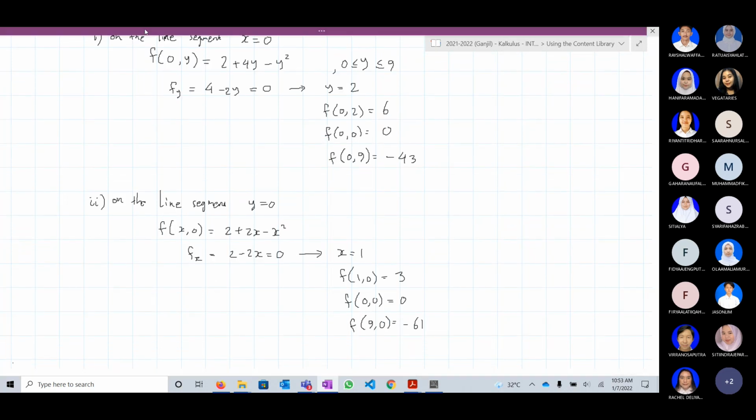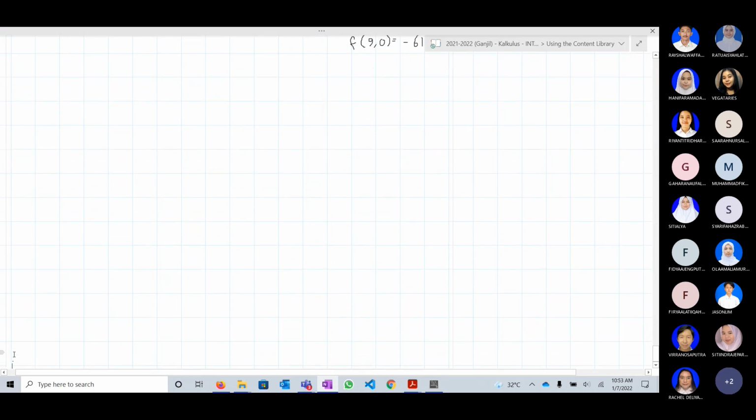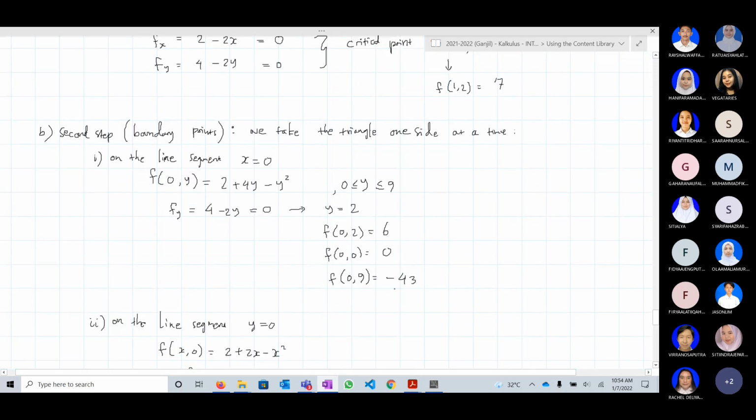Now for the last line segment, on the line segment y equals to 9 minus x, then we put in the function f of x comma 9 minus x, which is 2 plus 2x plus 4 times 9 minus x minus x squared minus 9 minus x squared, if I'm not mistaken.